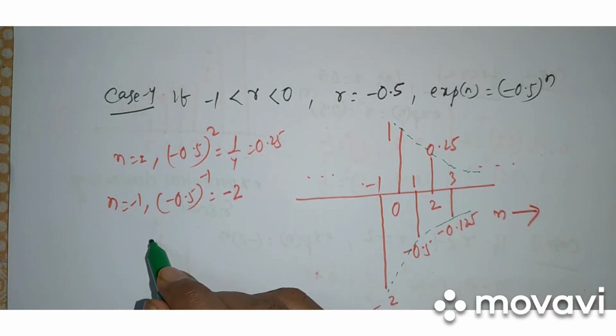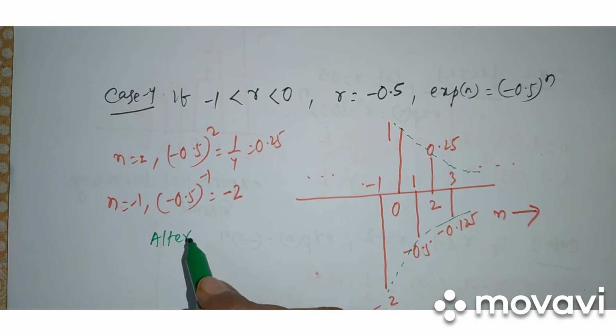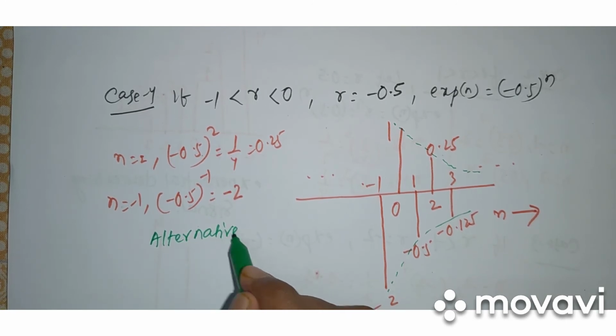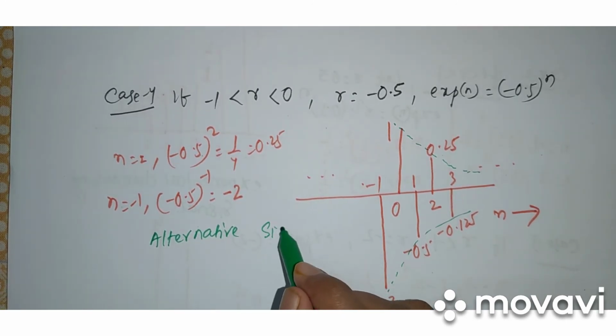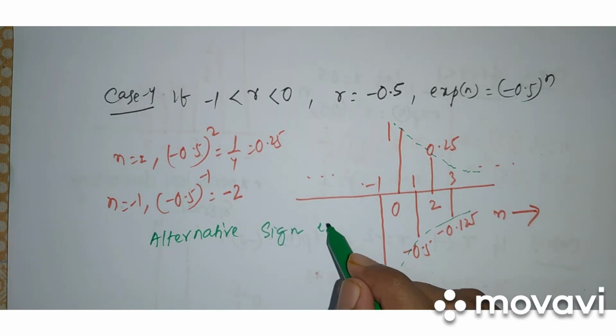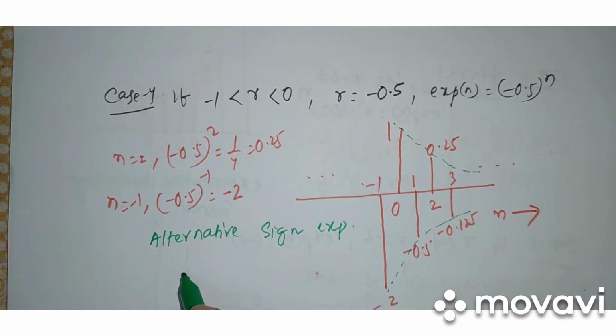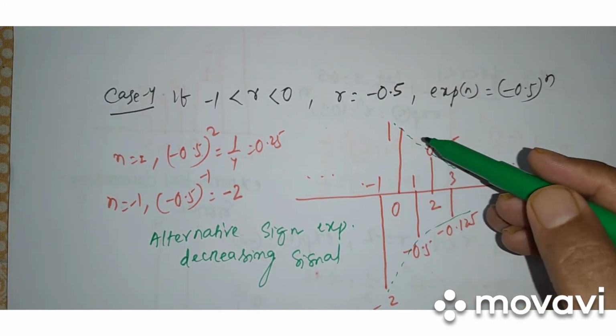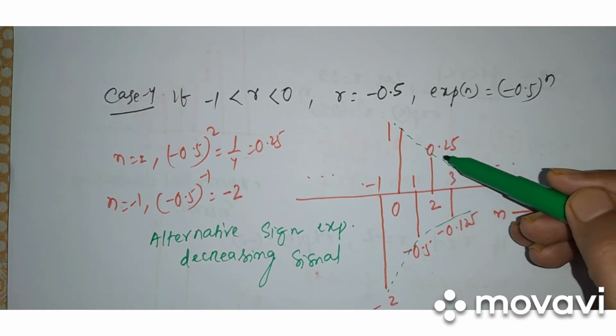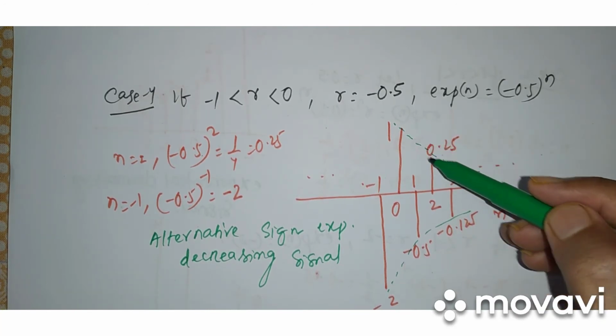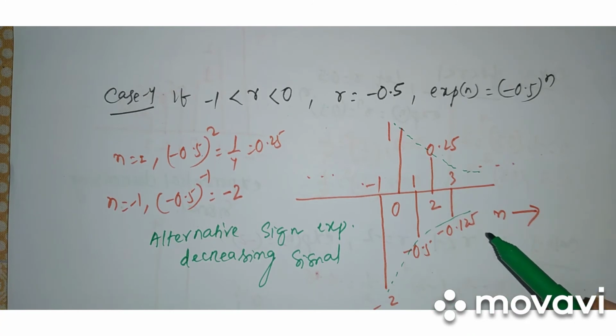We can write: alternative sign exponential decreasing signal. Clear? Because no doubt the value is decreasing. Say 1, then 0.25, on the positive side it is decreasing, on the negative side also it is decreasing.